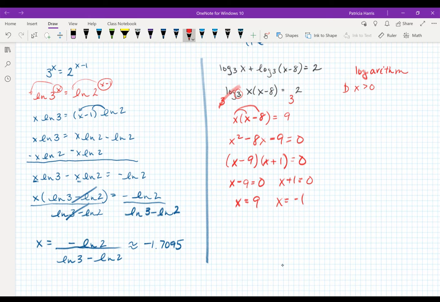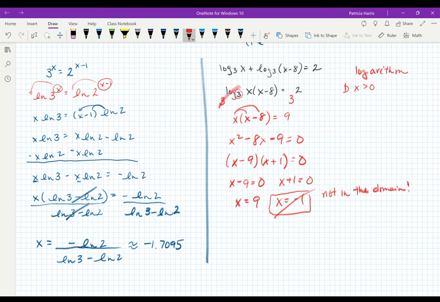Well, if I have log base 3 of x is 9, that's okay. That's fine. But if I plug in that -1, that gives me log base 3 of -1, which isn't in my domain. So this guy right here is not in the domain. So that's what we would call an extraneous answer, and it needs to be kicked out.